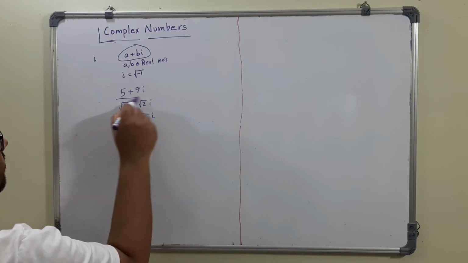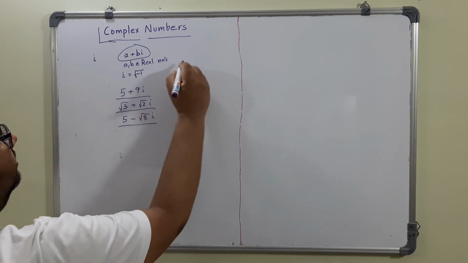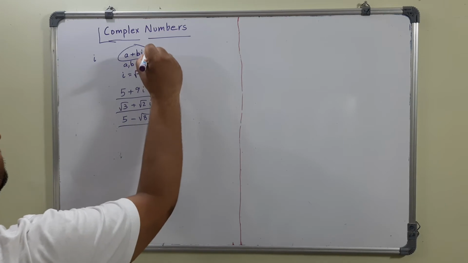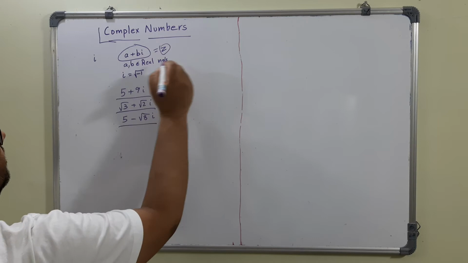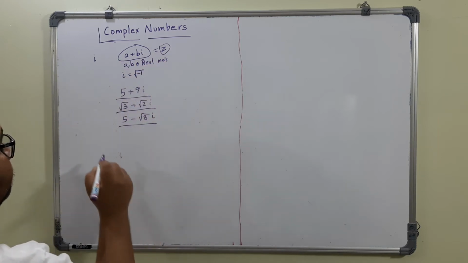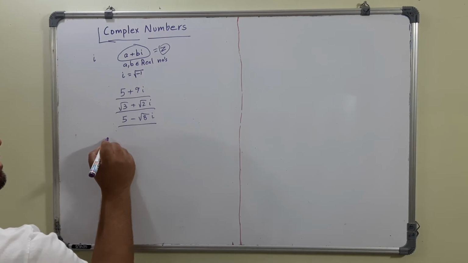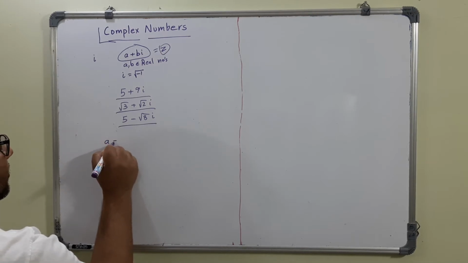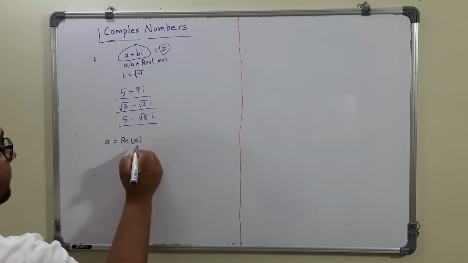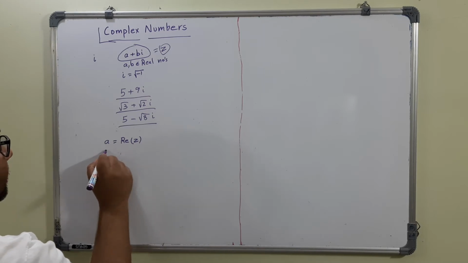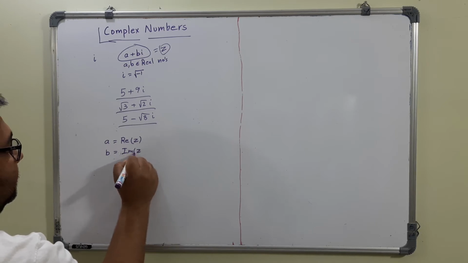These are all complex numbers. If z is a complex number, a plus bi, then a is the real part of z, and b is the imaginary part of z.